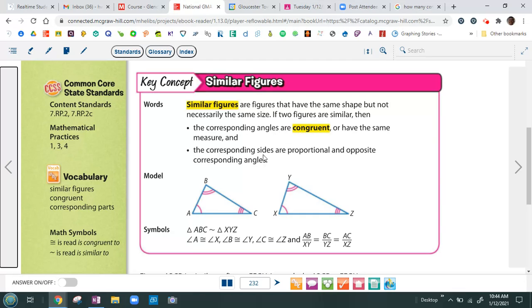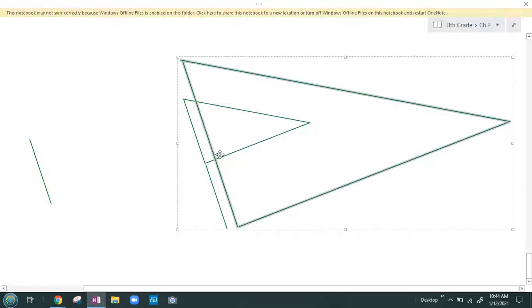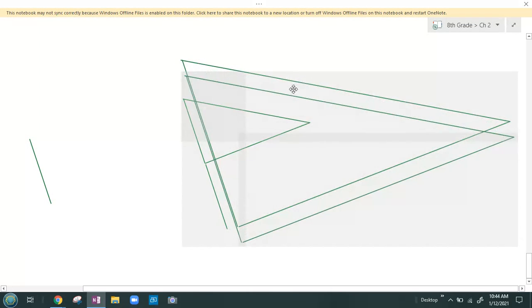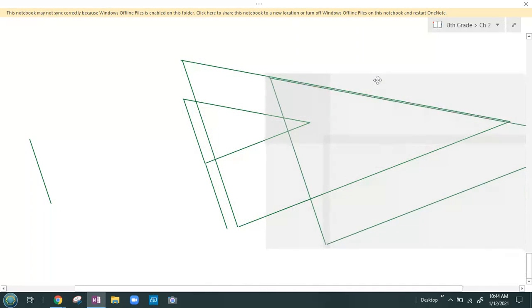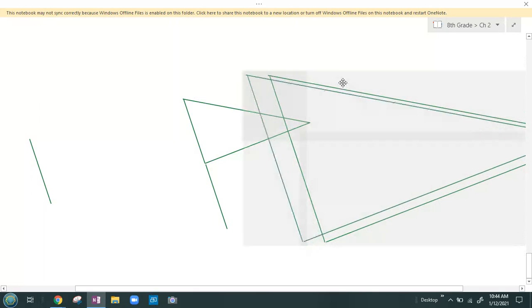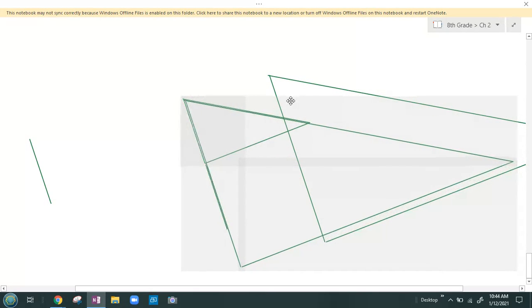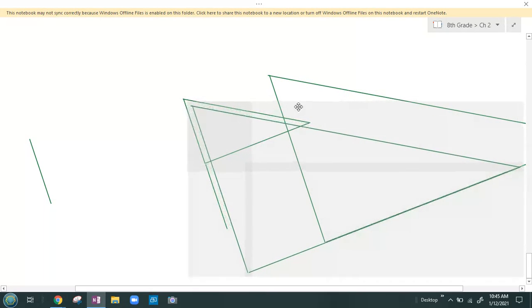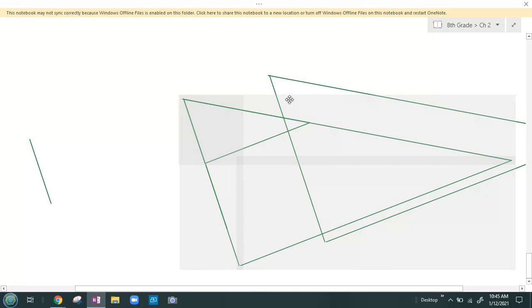The second part is that corresponding sides are proportional. What does that mean? I can show it a little bit here. First we'll check the angles. So the corresponding angles, right? If I take that top left angle and put them together, you can see that they are the same exact angle.